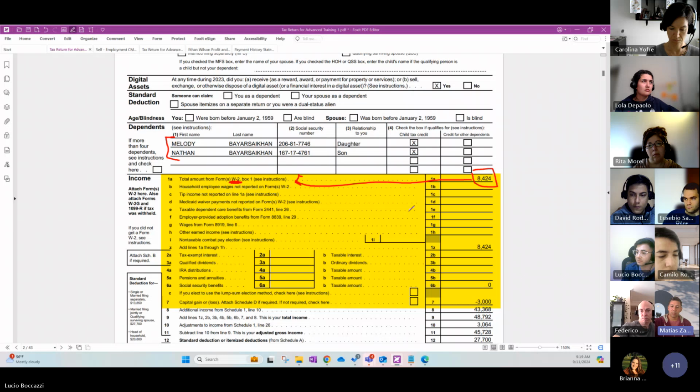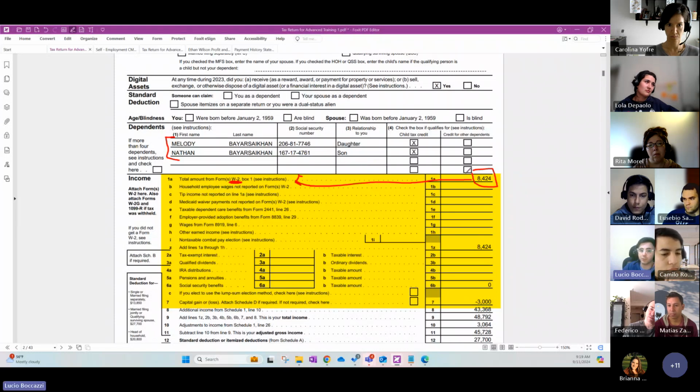Mati? Yes, just to confirm, Lucio, so if they have another job, we cannot just do our calculation with a tax return. We need pay stubs and everything for the job and also the tax return. So when we're talking about this scenario, you will still use the tax return for self-employment.